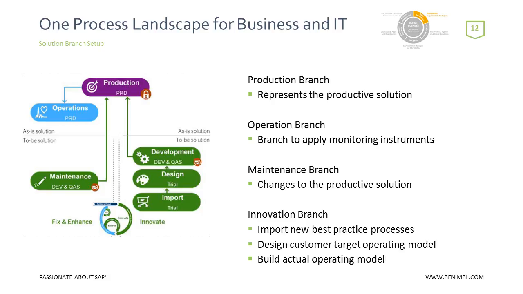So for instance, if you wanted to pull in the best practices for S/4HANA, you would pull that into an innovation branch, and then you would study it, you would make modifications to it, and then once you're ready, and obviously infrastructure changes have been made as well, you'd be able to move your new business processes and the configuration associated with it up to the production branch. So it's one landscape that the business and IT is going to work in.